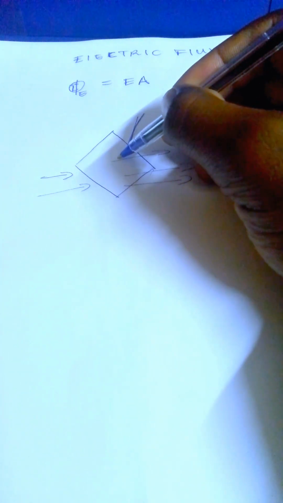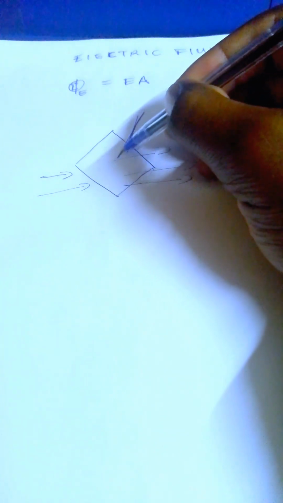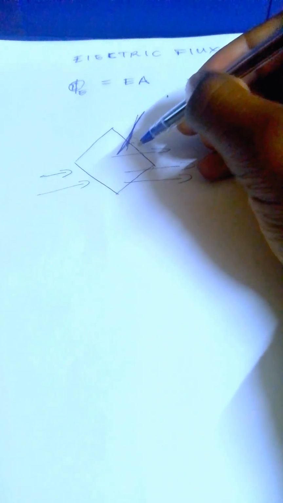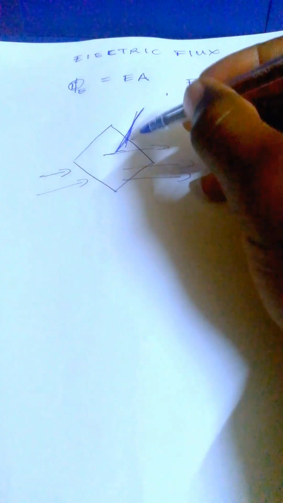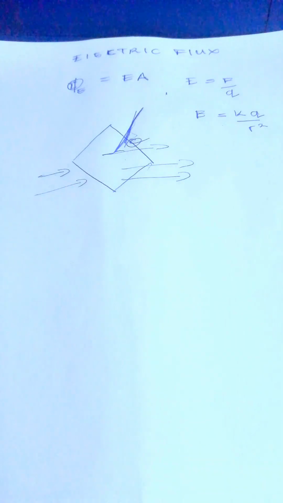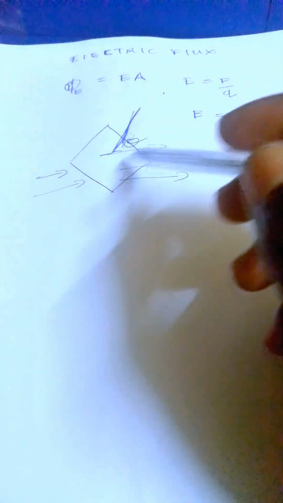My line is not that clear, but let's assume it's making 90 degrees with the surface. Then we are going to have an angle there, which is theta.